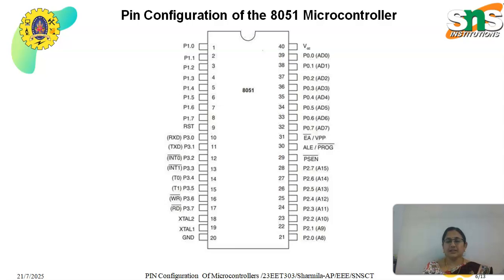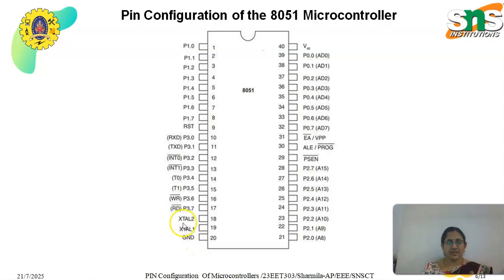So totally 32 pins are occupied by port pins. The main ones are the ground pin and VCC. The ground is the 20th pin and VCC is the 40th pin. A plus 5 volt power supply is used for VCC, and this is the ground pin.